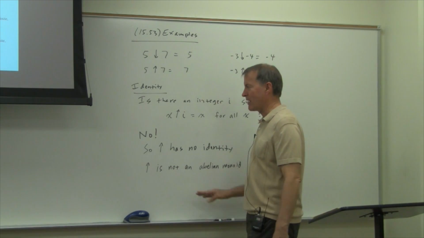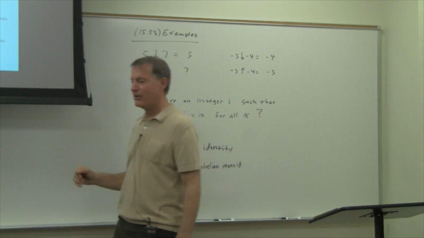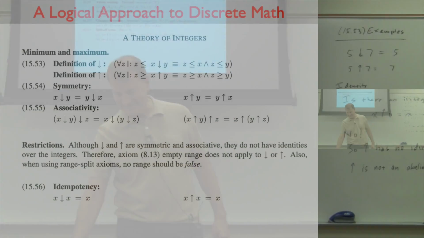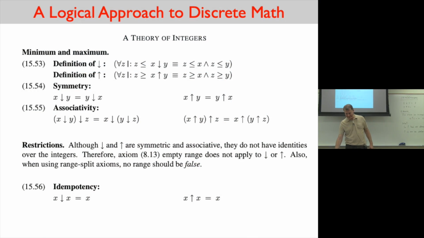Because it's not an abelian monoid, strictly speaking, we can't quantify it. But we're going to quantify it anyway, under these restrictions. It says, although min and max are symmetric and associative, they do not have identities over integers.